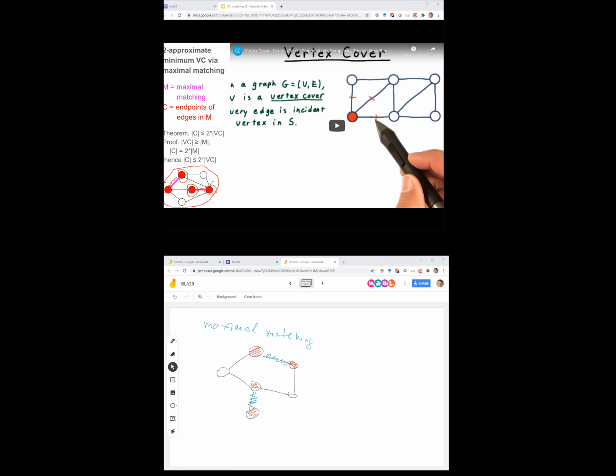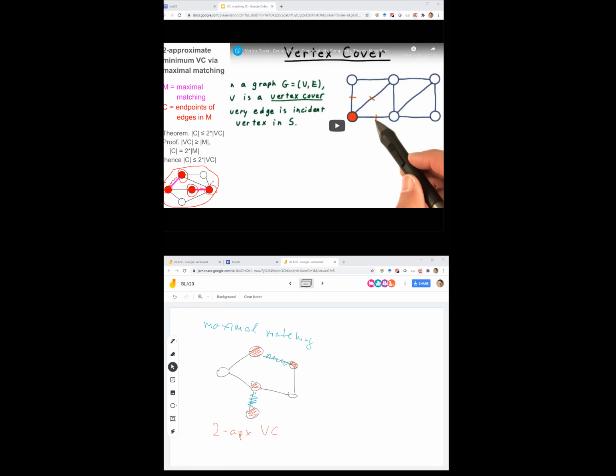This edge is covered by this vertex, this edge is covered by this vertex, and so on. Of course, the matched edges are covered from both sides, by our algorithm. Maybe it wasn't optimal, so we have a two approximate vertex cover, the red ones.